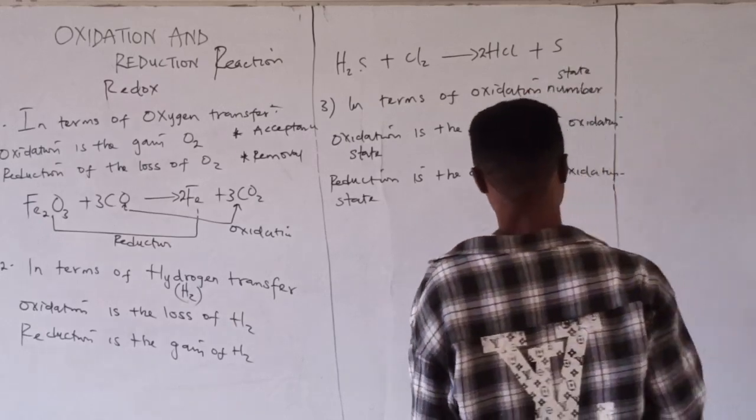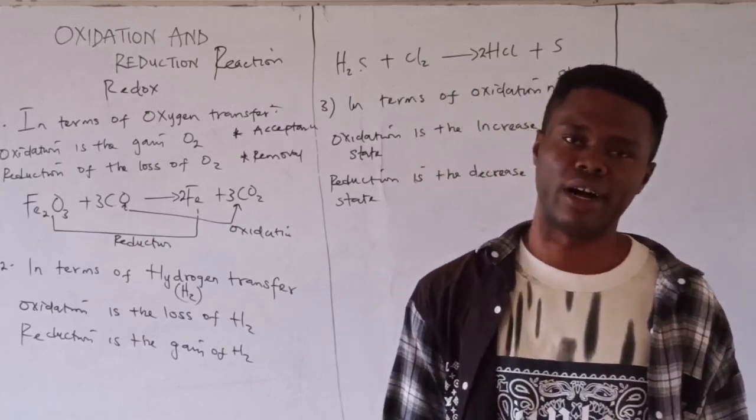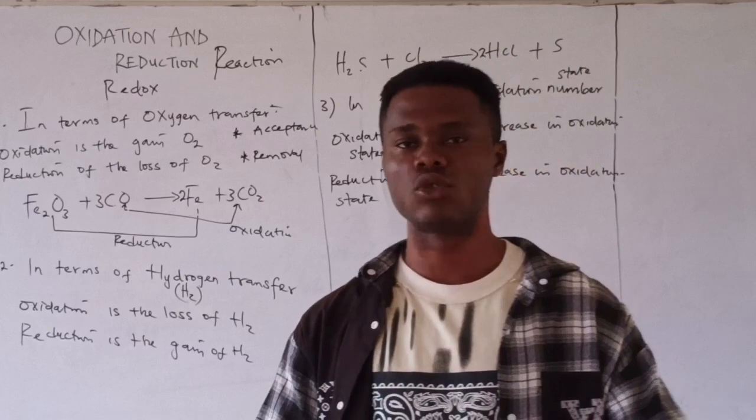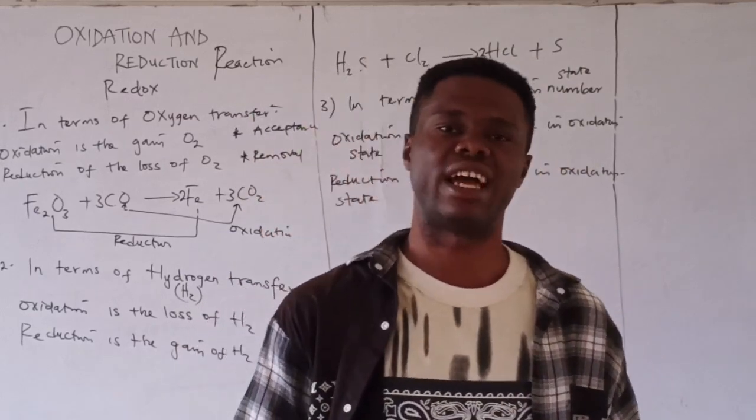Okay? So there are ways to determine this oxidation number. There are rules that are involved when you want to assign the oxidation number. You cannot just assign the numbers just like that.